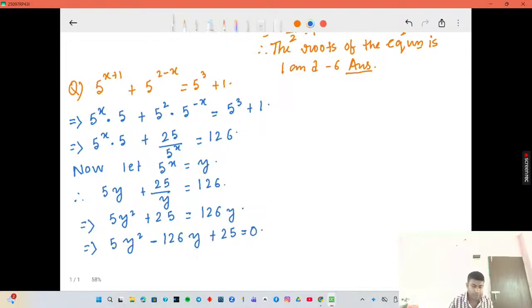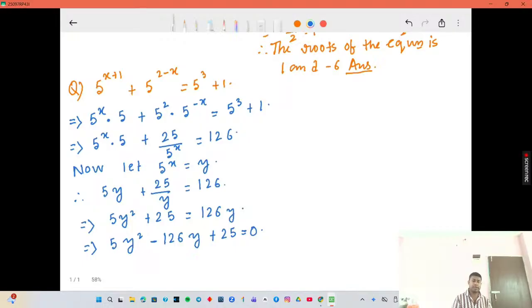Now we will try to find out the discriminant of this given equation. And why will we find the discriminant? We will find the discriminant to find whether the roots of the equation are real or not. If the roots of the equation are not real, then we will not find the roots of this given equation.